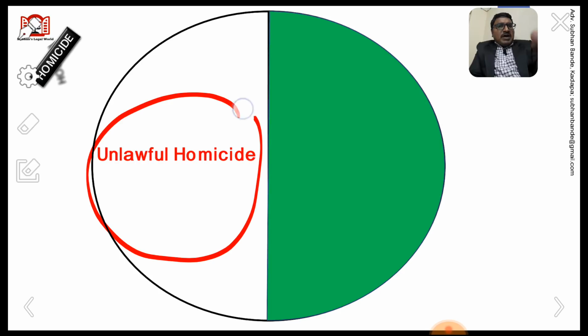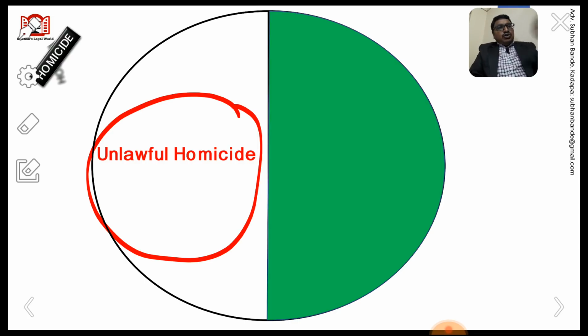This second part is related to unlawful homicides. The unlawful homicide is killing of a human being by another human being that is liable to be punished as per the provisions of Indian Penal Code.